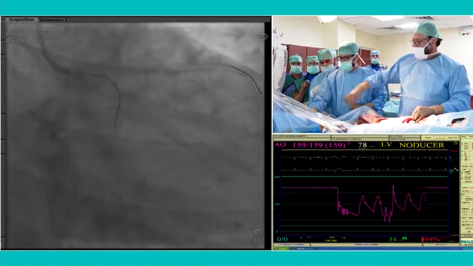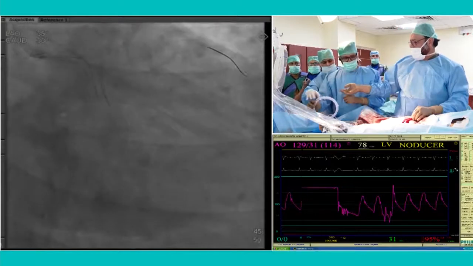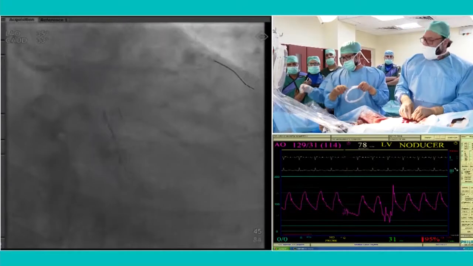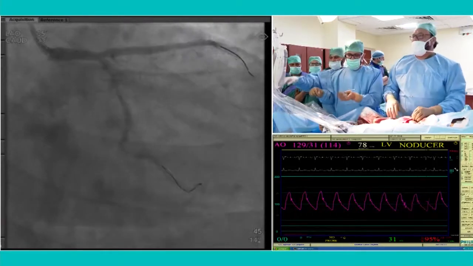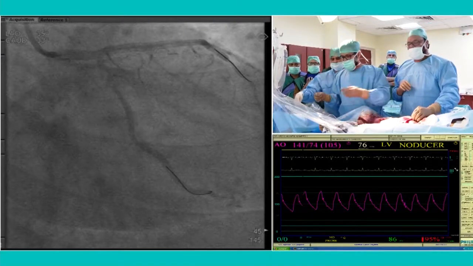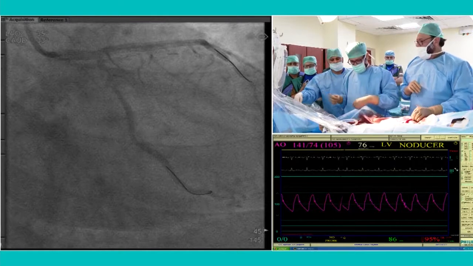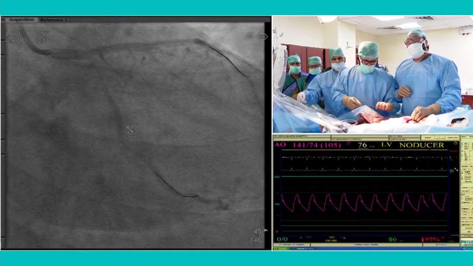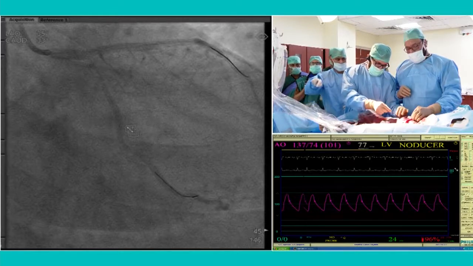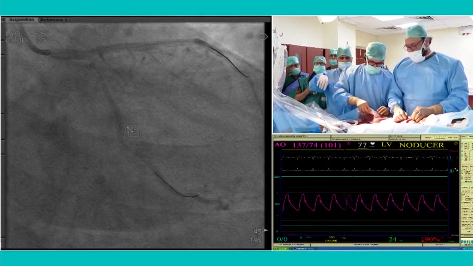That is actually needed. Give me a small balloon. I agree, to be on the safer side. Moreover, when you have a preparation of the lesion before putting the stent, you may be having a calcium plaque or calcium spur in the ostial part of the circumflex.